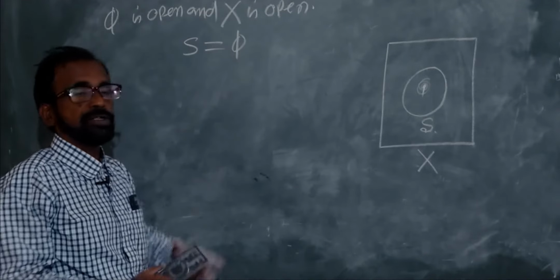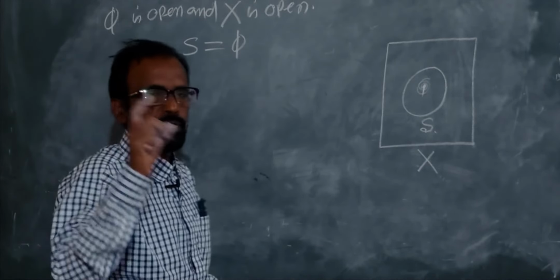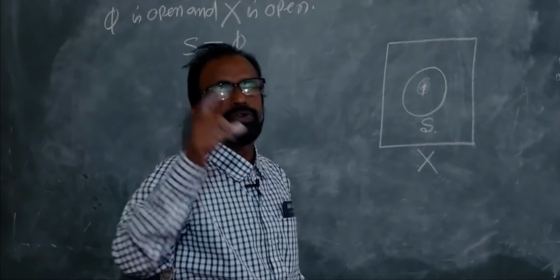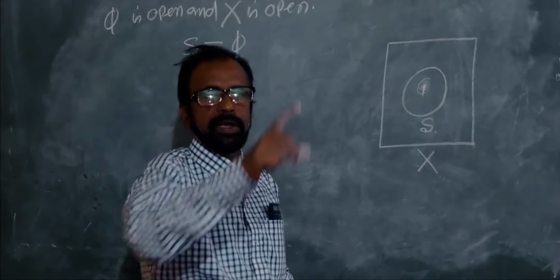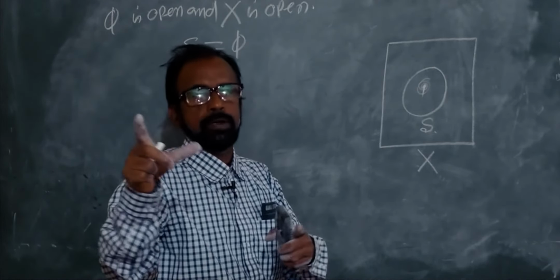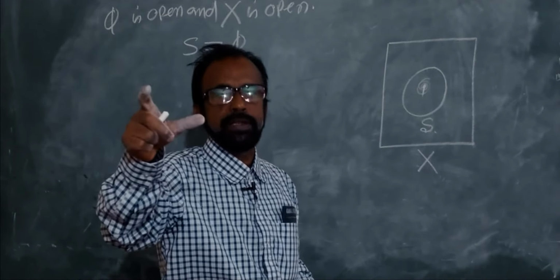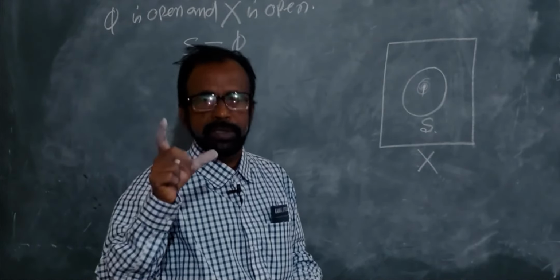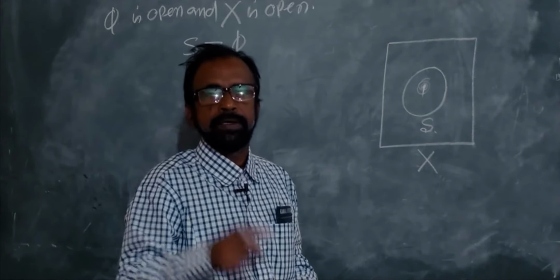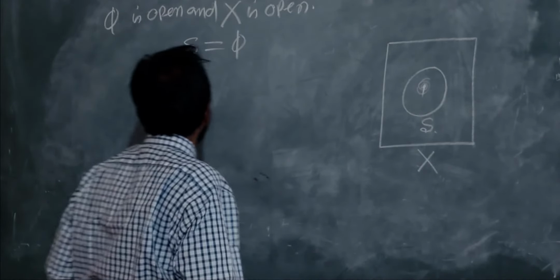Since S contains no elements, there is no element in phi which is not an interior point of phi. A negation of a negation is an affirmation. There is no point in phi which is not an interior point of phi, which means every point of phi is an interior point of phi.